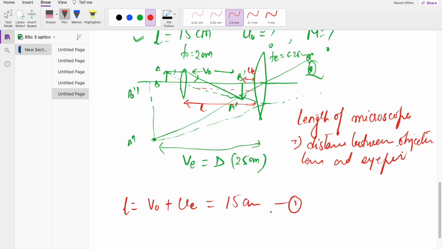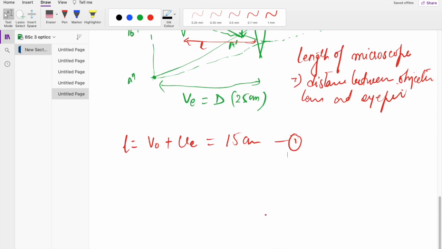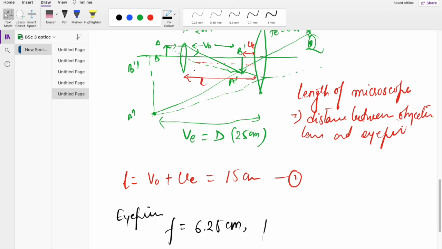For the eyepiece, from the question, the image is formed at distance D. The focal length is given as 6.25 centimeter. UE is our unknown.